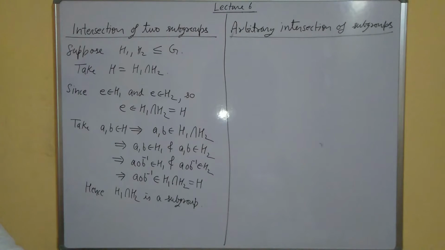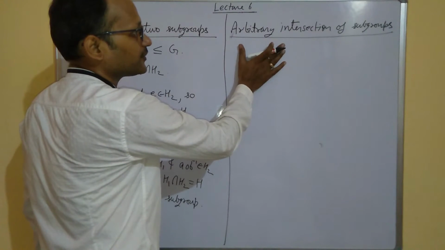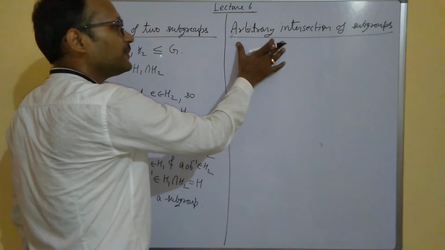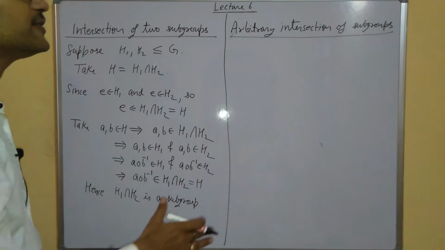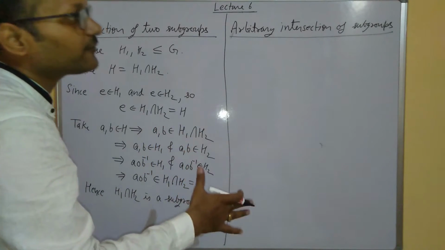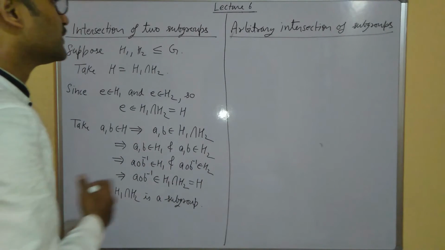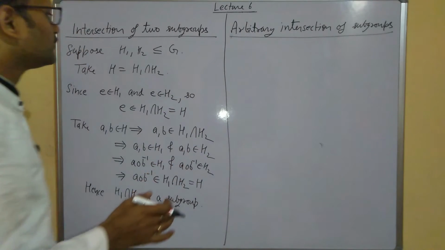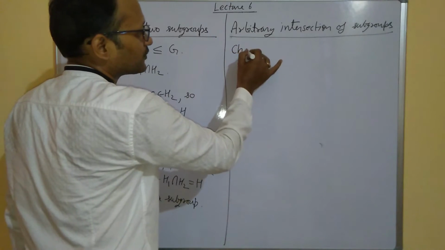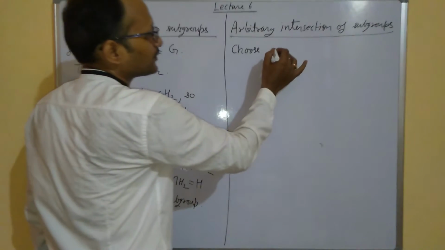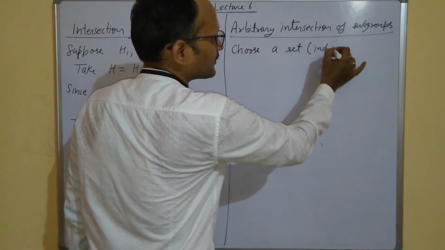Arbitrary intersection means the set of subgroups may be finite, or it may be infinite, and if infinite it may be countably infinite or uncountably infinite. So how to write these things? Let us choose a set which is called the indexing set.